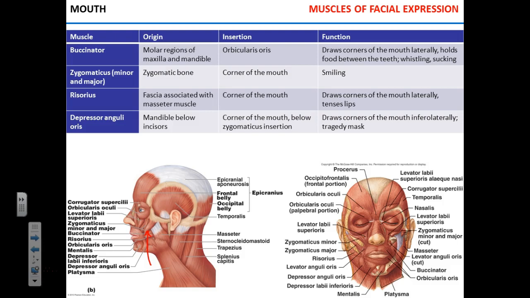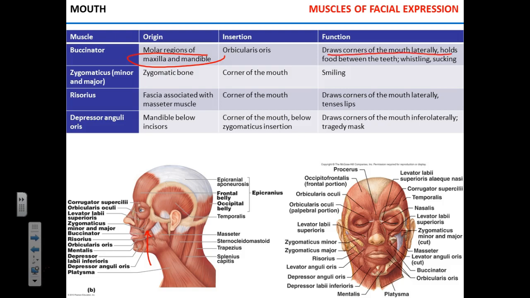It originates at your jawbones, the maxilla and mandible, and it is inserted into the orbicularis oris. You can't see it on the other side of the dude, but it is inserted here. The function of buccinator, that's really, really long, draws corners of the mouth laterally.